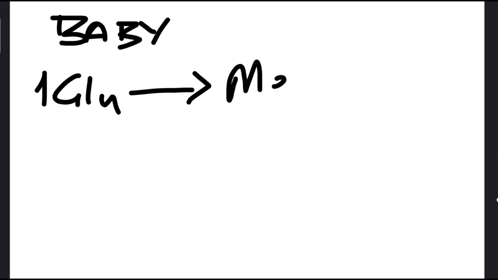Now let's go back to the child here. So at the level of the baby, we had an increase in glucose. Ultimately, it will lead to it being taken inside the cells, and we know inside it will be used for metabolism.